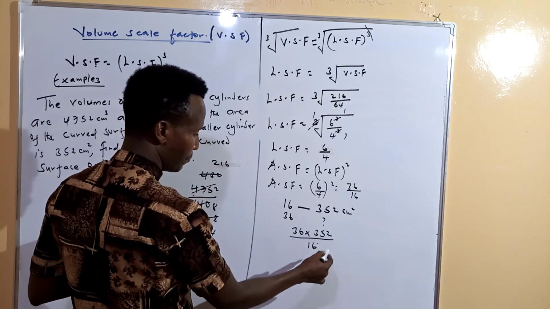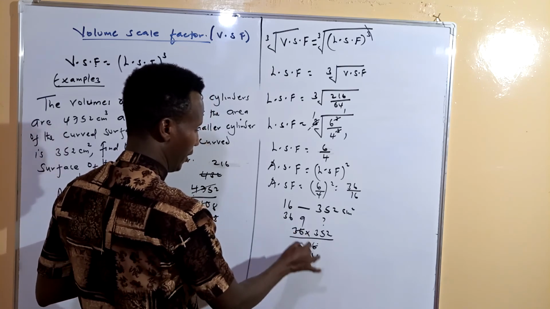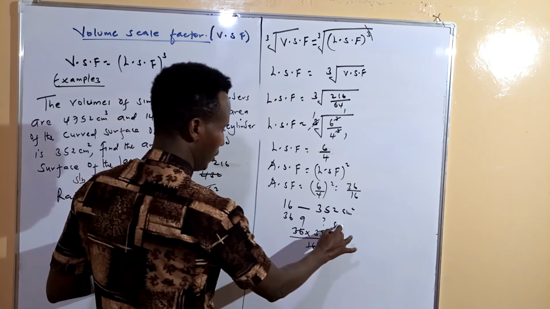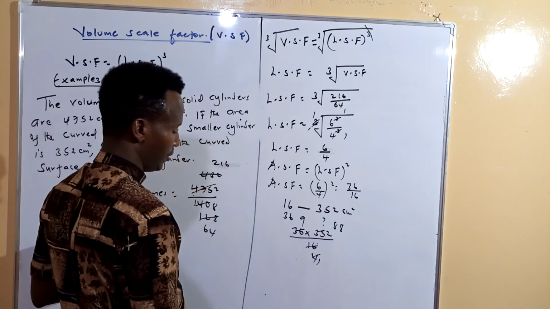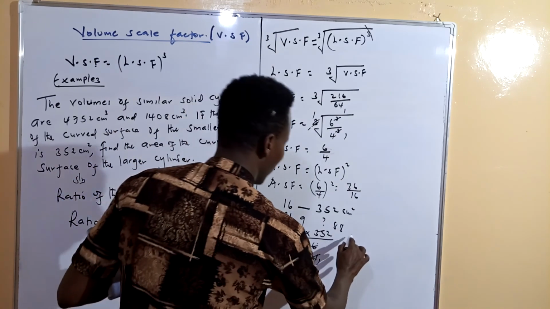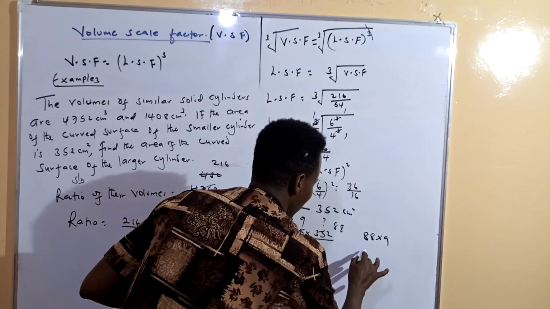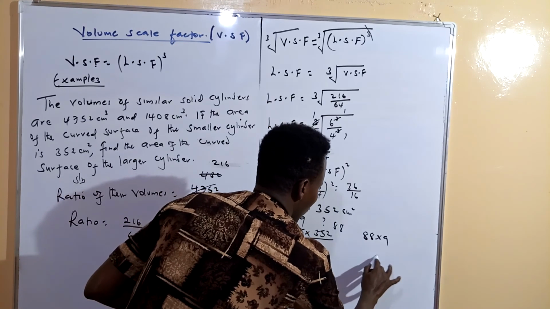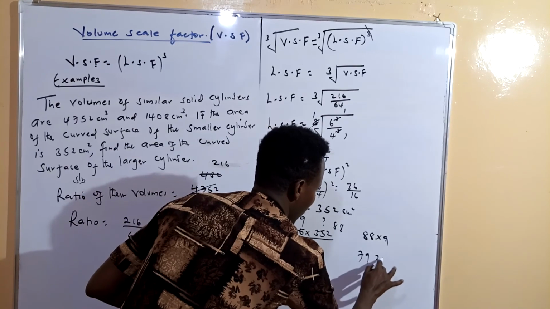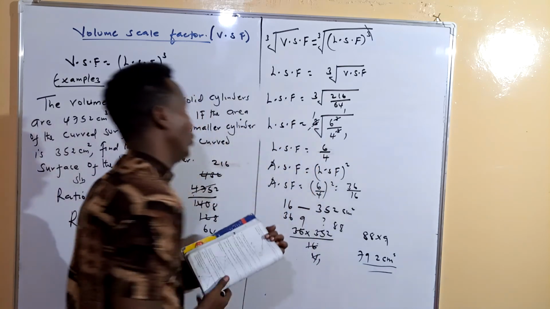Dividing by 4, 352 becomes 88, then 16 becomes 4, then 4 and 4 cancel, leaving 88 times 9, which gives us 792. So this will be the final answer for your information.